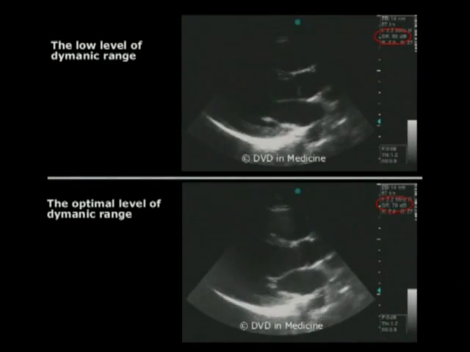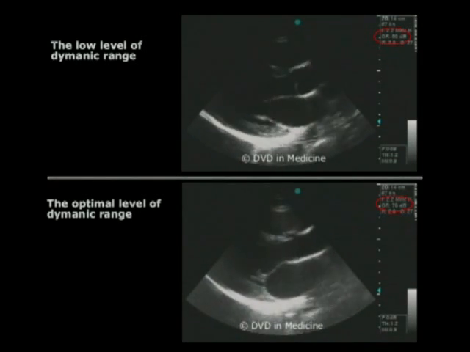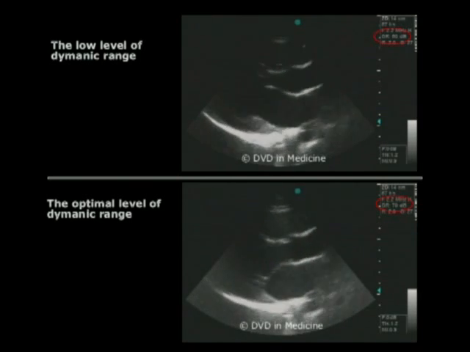Now, on the divided screen, you can see the direct comparison of the real-time images taken from the same patient at low and optimal levels of dynamic range.